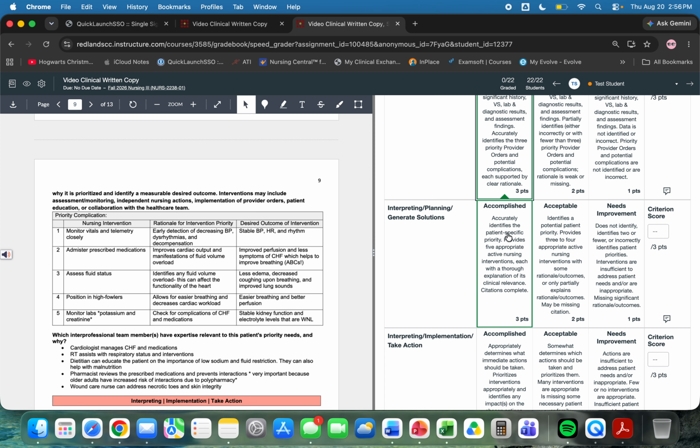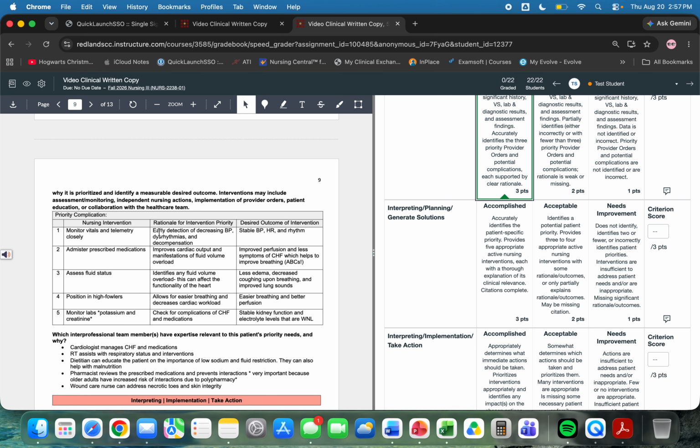What it's asking is accurately identifying the specific priority, providing the appropriate interventions for that priority, and then giving an explanation of each of their clinical relevance. It doesn't say in here to provide a citation, so I haven't been counting off if they don't. So just keep that in mind because I think that may have gotten missed. In general, what we're asking is, do your interventions match the priority problem that you stated?